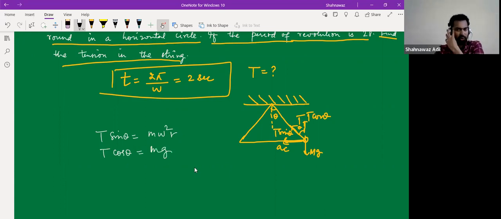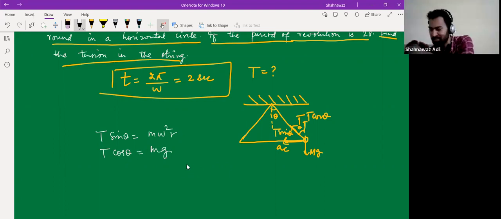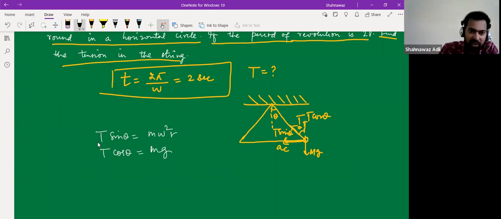Right, so these are the two equations. Am I right, everyone? Yes, sir. Okay, now we have to calculate this part, the T part, right?